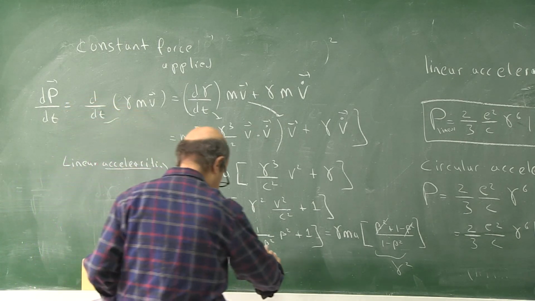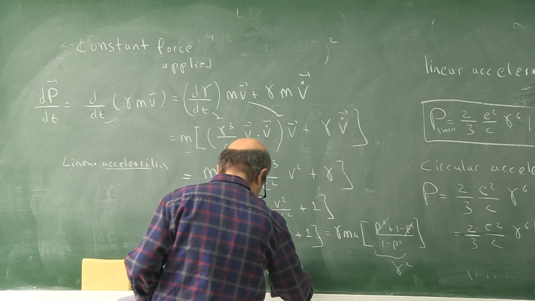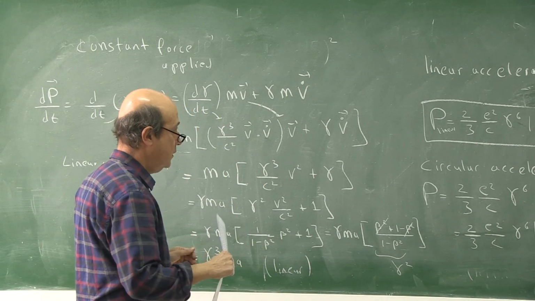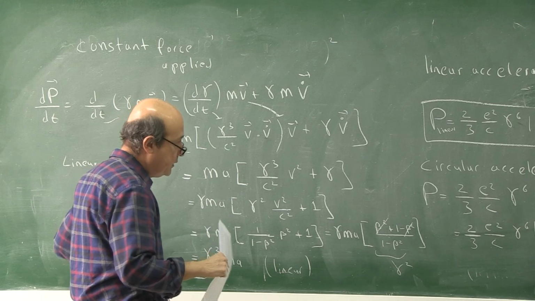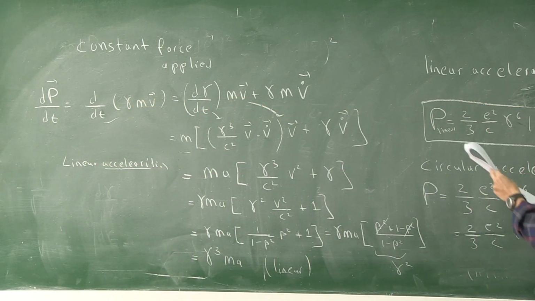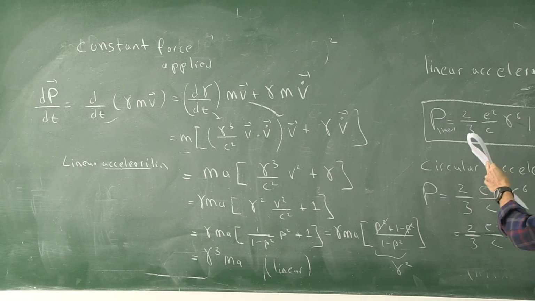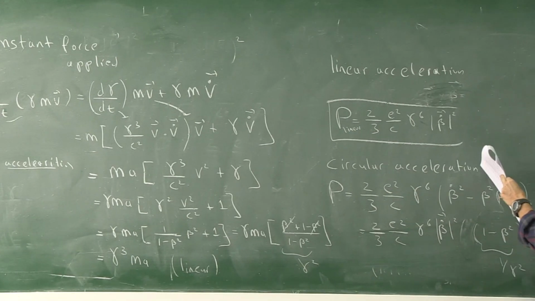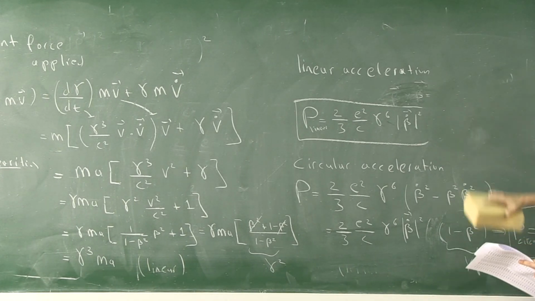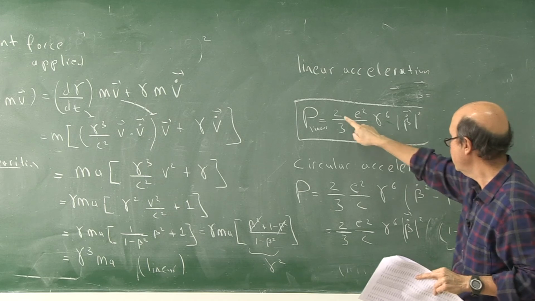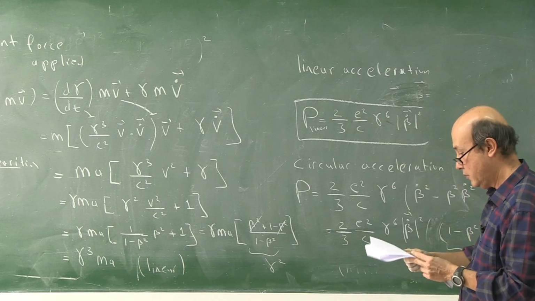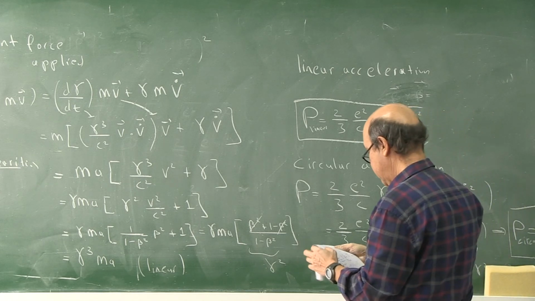Okay. Now, for the linear acceleration, look at the total power and try to write this in terms of force. We have 2 over 3 e squared c over, gamma to the 6, beta dot squared. So basically, it is the following.